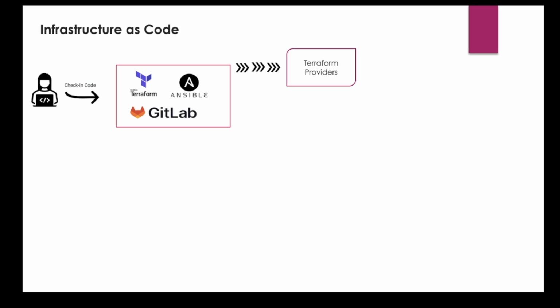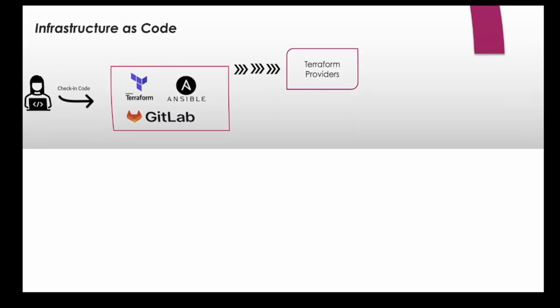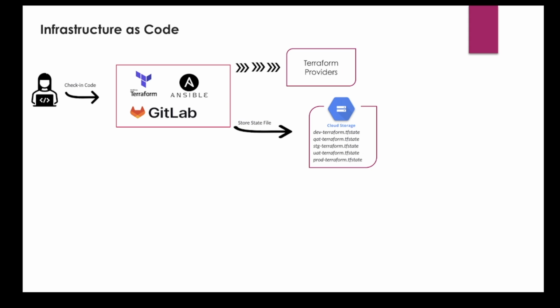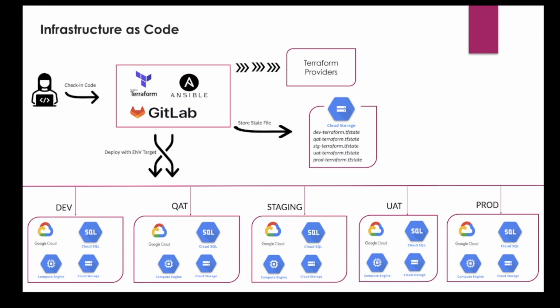But for now, just understand Terraform is used to create infrastructure. Once you run Terraform apply, this will create a TF state file, which basically stores the status of your infrastructure. So the same code can be deployed by environment target.